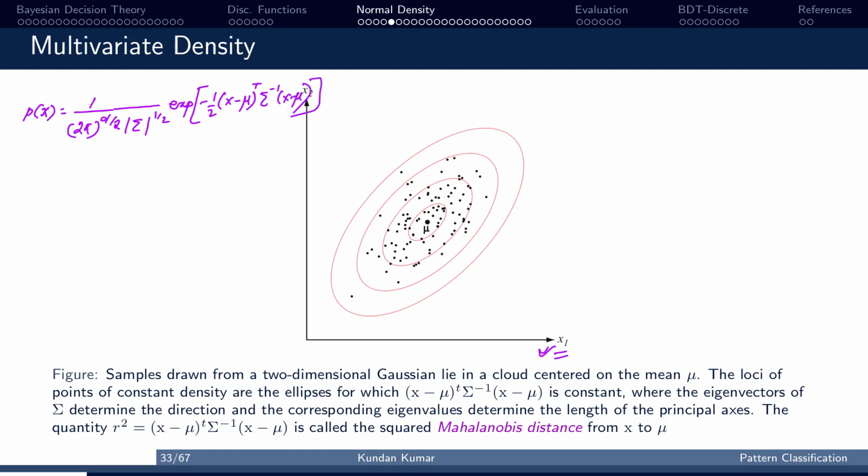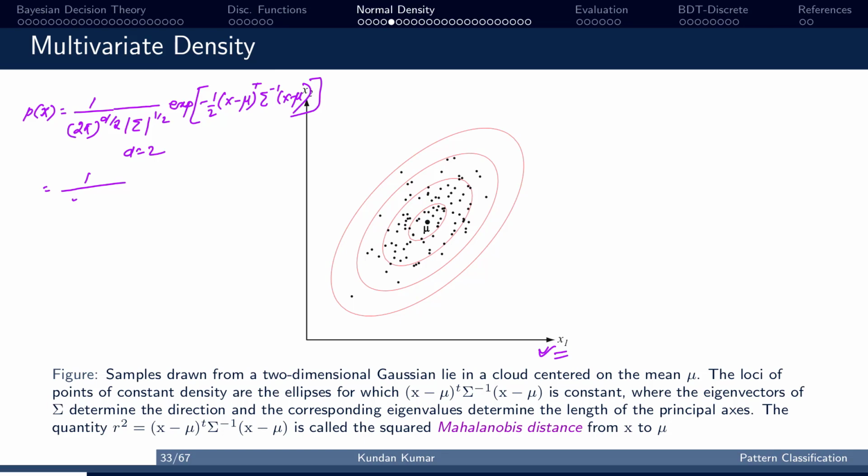Okay, so here d equal to 2. So we will obtain the probability density function for two-dimensional space, that means the two-dimensional Gaussian density function.